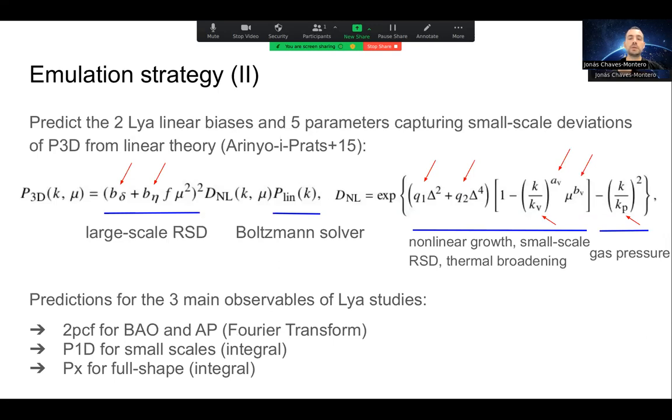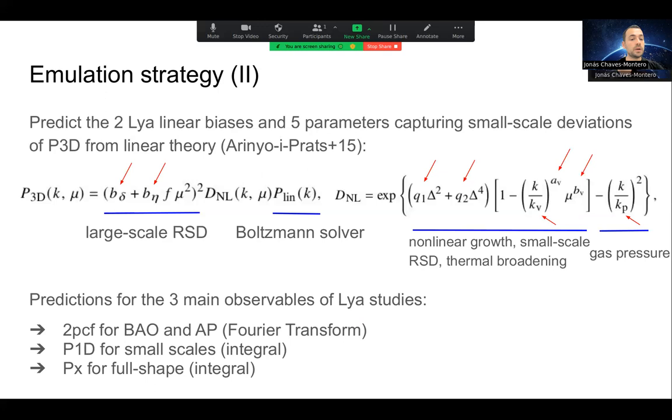Related to what I was talking about before about the other statistics that we can derive from a particular statistic, the idea is that we emulate these parameters, we predict the three-dimensional power spectrum, and by taking the Fourier transform, we get the two-point correlation function that is used in BAO and Alcock-Paczynski analysis of the Lyman-α forest.